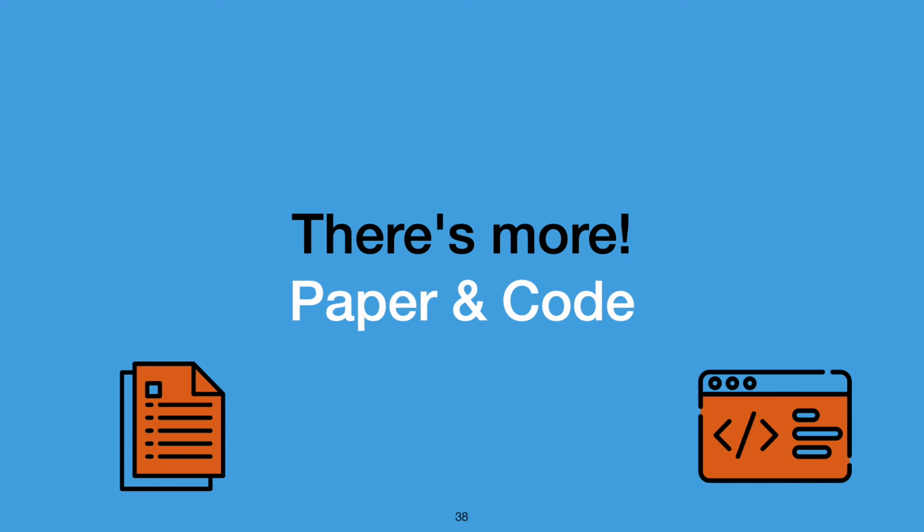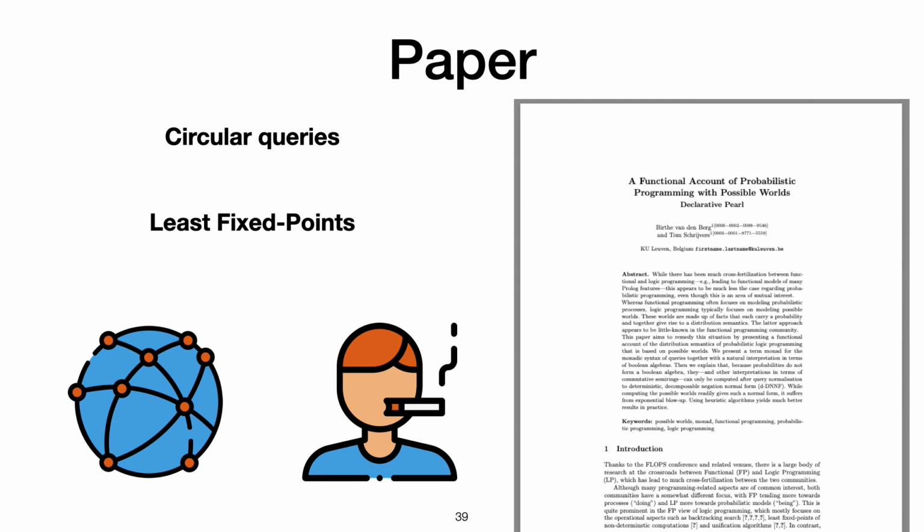In the paper and the code, we elaborate more on this topic. For example, we show how a least fixed point operator enables also cyclic models, such as graphs, networks, or the famous social smokers problem. And we do this with the same possible world semantics approach. So go check out the paper if you are curious how this works.